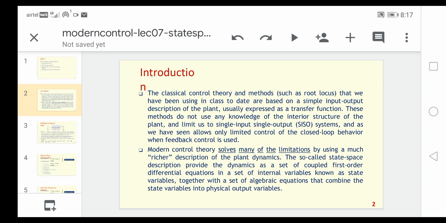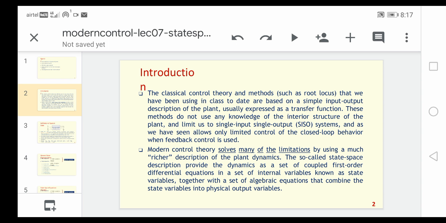Coming to modern control theory, it can be used for non-linear systems or linear time variant systems, or we can use it for multiple input and multiple output systems also. Because of these three to four reasons, we are focusing on state space analysis.